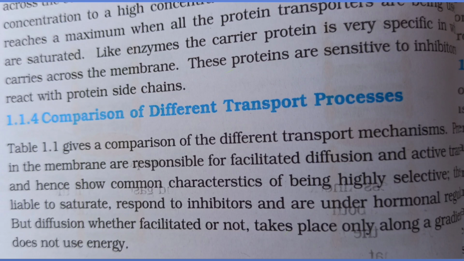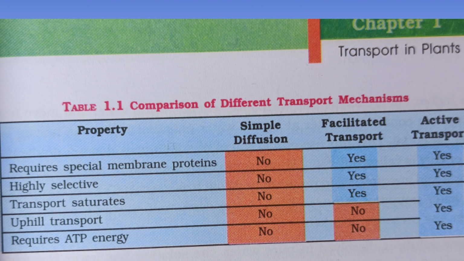Comparison of different transport processes. Here we can observe the properties of simple diffusion, facilitated transport and active transport. From the exam point of view, they may ask about properties. In this we will observe 5 properties: requires special membrane proteins, highly selective, transport saturates, uphill transport, and requires ATP energy.